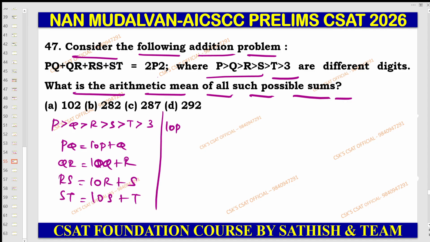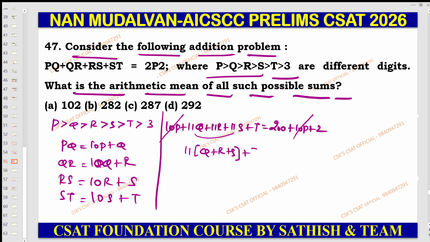So therefore here 10P plus 11Q plus 11R plus 11S plus T, which is equal to, applying the place value concept, 200 plus 10P plus 2. Understood? 10P gets cancelled. Now from this, can we take 11 as common? Yes sir. 11 times Q plus R plus S plus T is equal to 202.